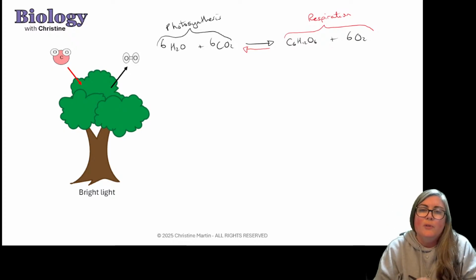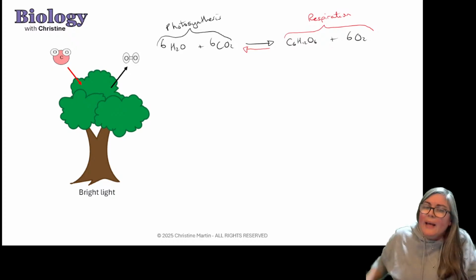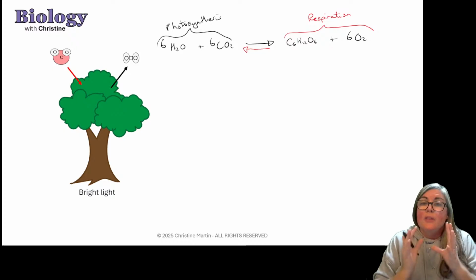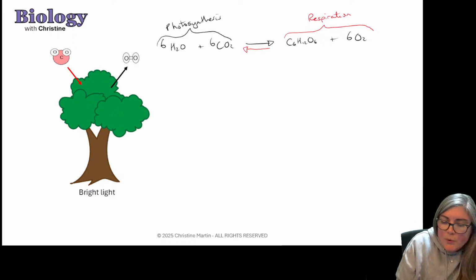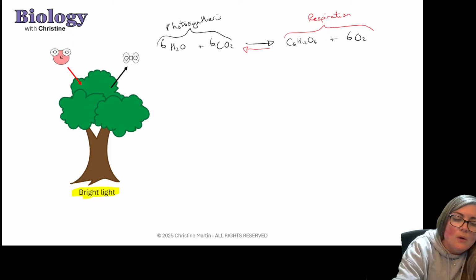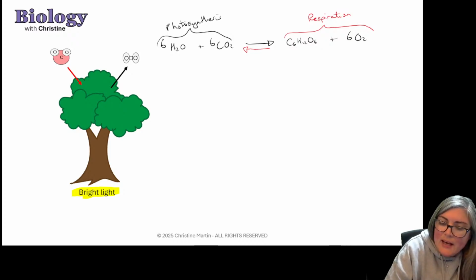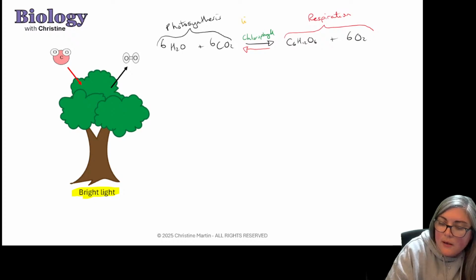Em, you're saying the rate of photosynthesis increases. What do you mean by it increases? Why is it increasing? What is it that makes it increase? And this is the important part. They have told us that we are in bright light. And we know that if we have a plant that has chlorophyll, that chlorophyll is going to be able to absorb the light energy.